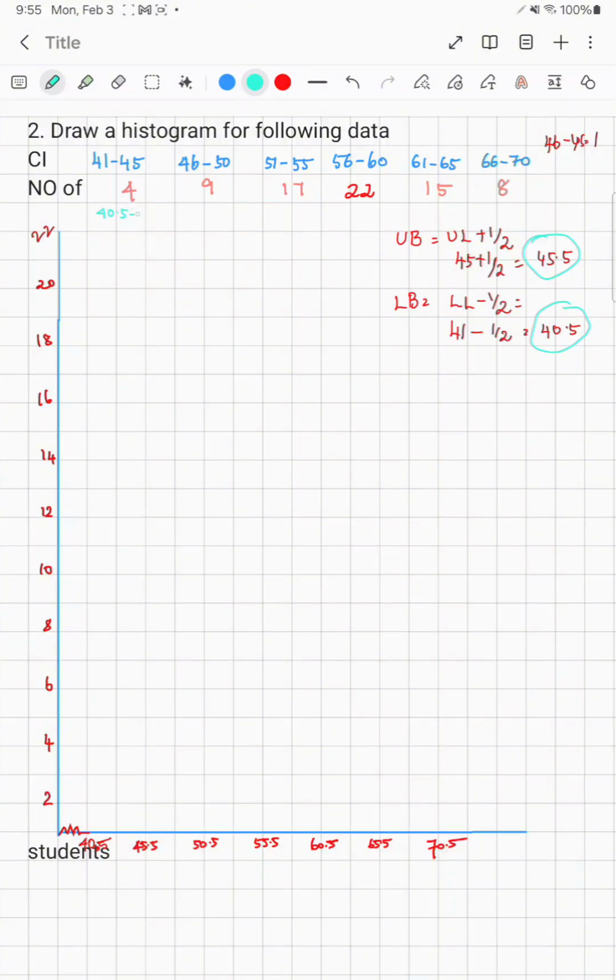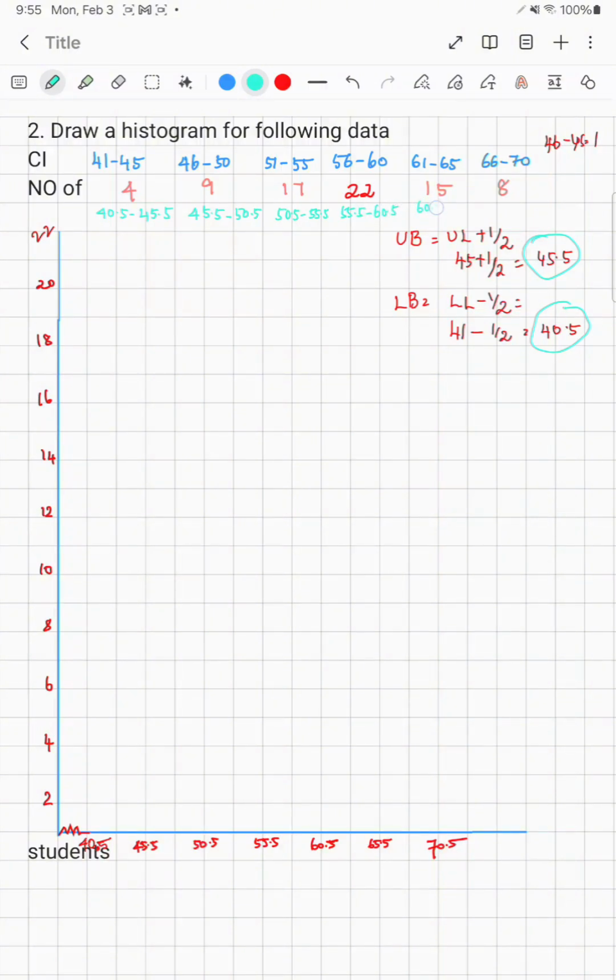Okay, 40.5 to 45.5. Here it is 45.5 to 50.5. This is 50.5 to 55.5. This one 55.5 to 60.5.